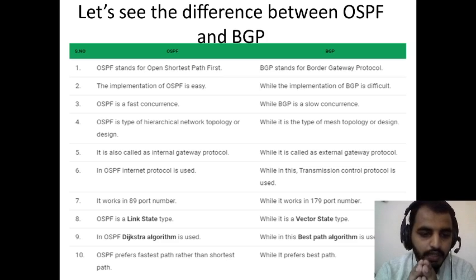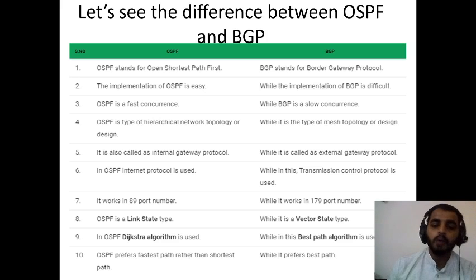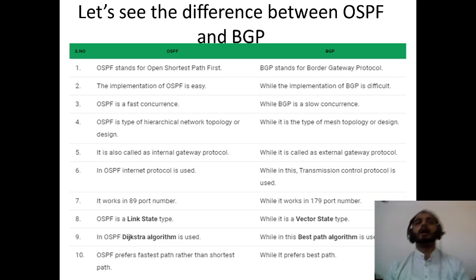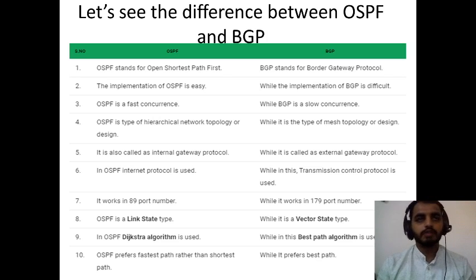And the last point is OSPF prefers the fastest path rather than the shortest path, while BGP prefers the best path. This is the major difference between OSPF and BGP. I hope you got an idea of what BGP is with reference to OSPF, and we have also seen the differences between them.